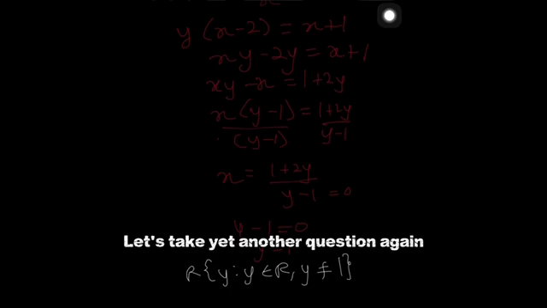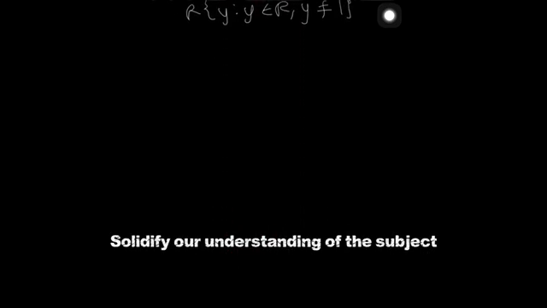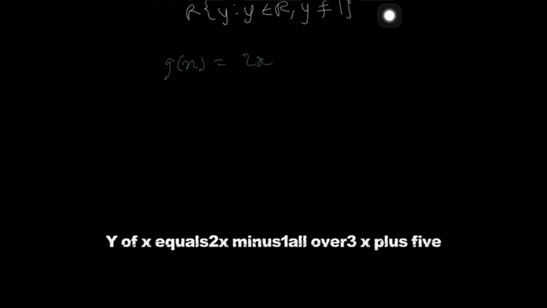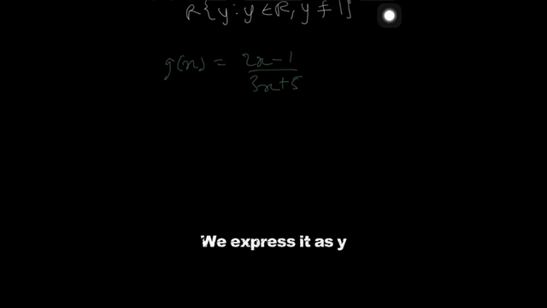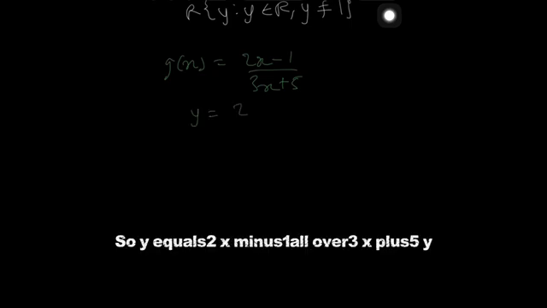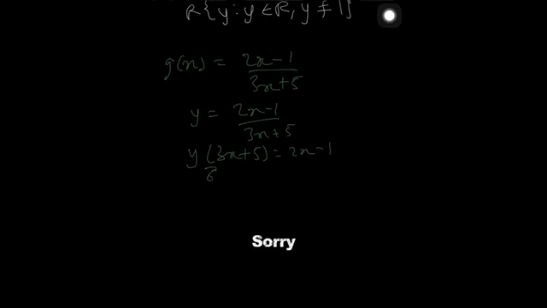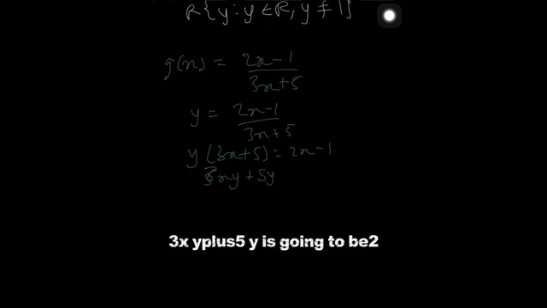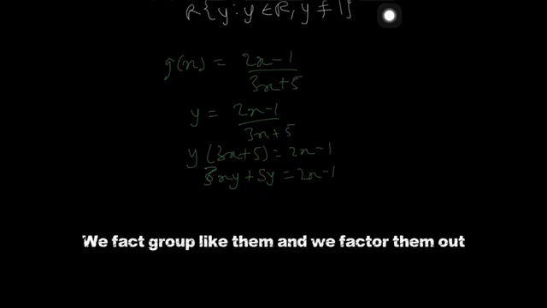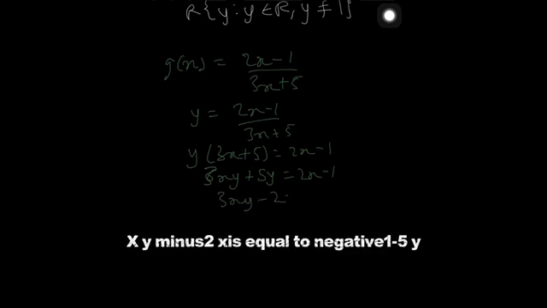Let's take yet another question to solidify our understanding of the subject. f of x equals 2x minus 1 all over 3x plus 5. We express it as y, so y equals 2x minus 1 all over 3x plus 5. y multiplying 3x plus 5 equals 2x minus 1. 3xy plus 5y is going to be 2x minus 1. Group like terms and factor them out. 3xy minus 2x is equal to negative 1 minus 5y.